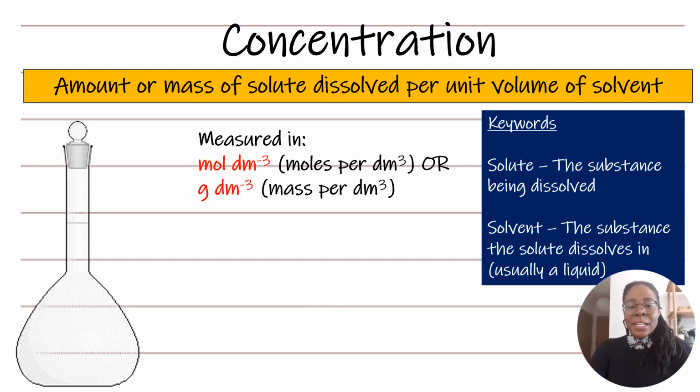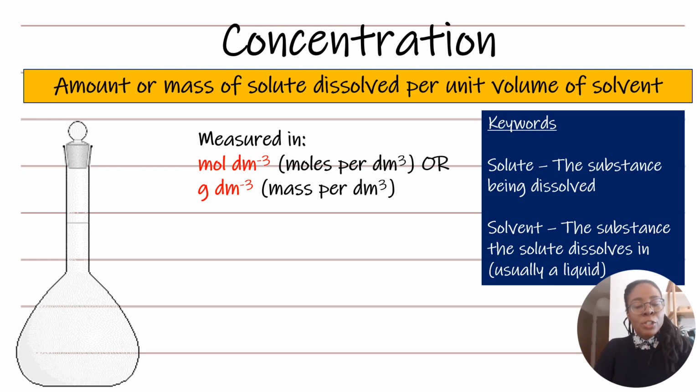To start with some definitions, concentration is the amount or mass of solute dissolved per unit volume of solvent. A solute is the substance that's being dissolved, and the solvent is the substance the solute is dissolving in, typically a liquid.